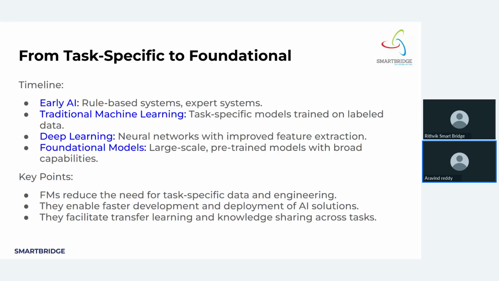They are trained on a vast amount of data and pre-trained, working almost like a human interacting with people. This is the timeline from early AI through machine learning and deep learning, which made a number of changes in GenAI models.